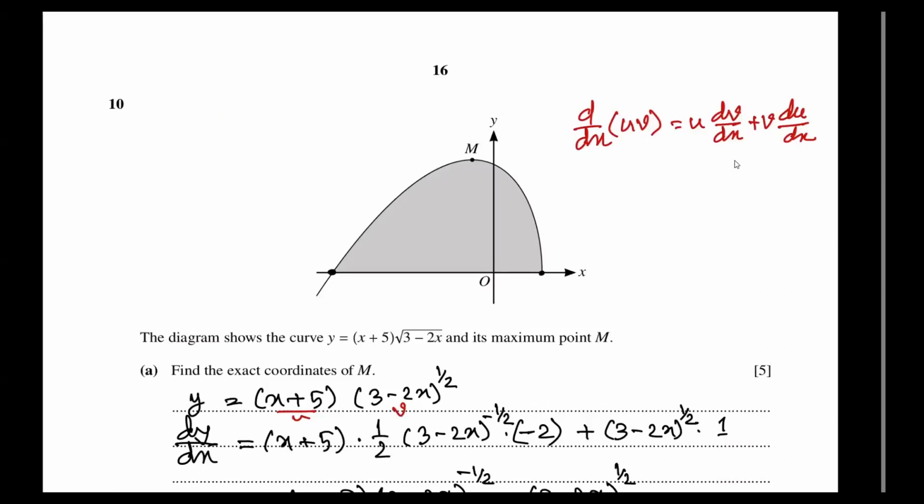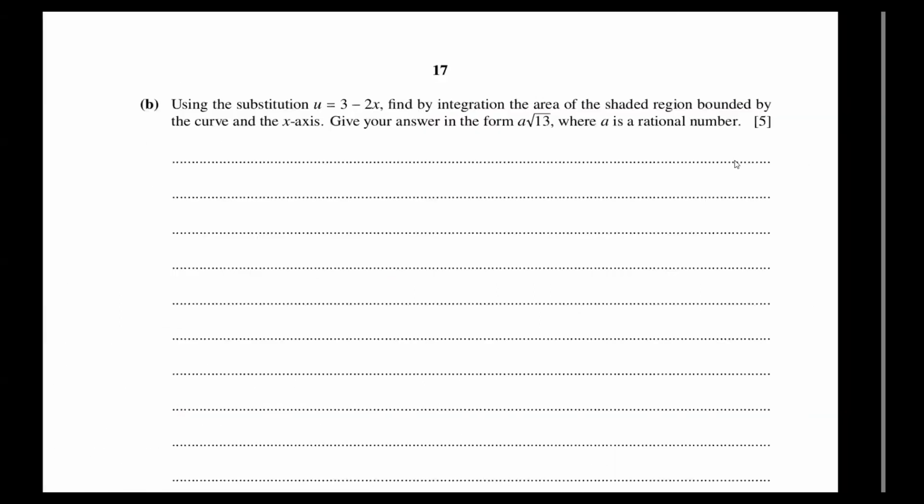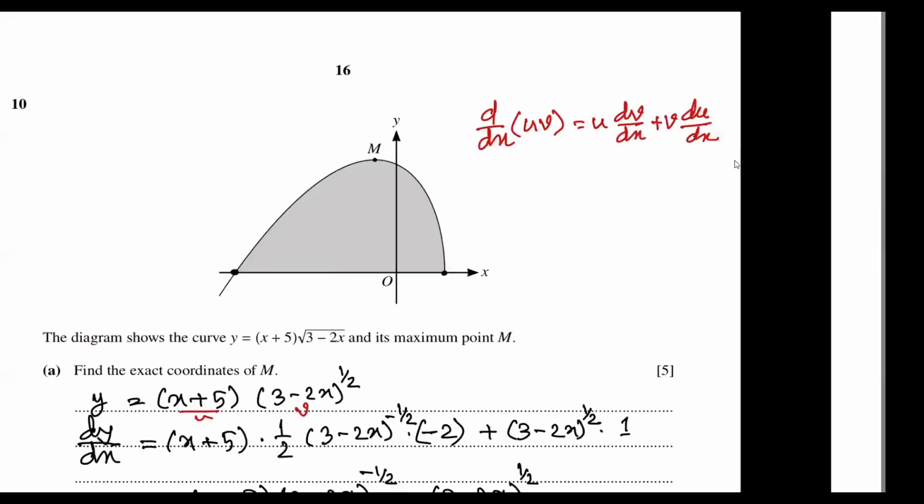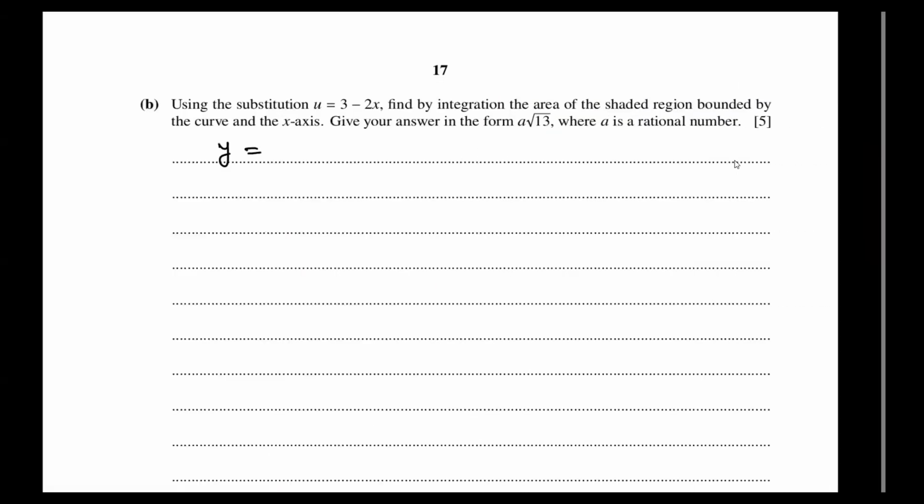So you need to find the x-intercept first. So y, which is x plus 5 times root of 3 minus 2x, equal to 0 gives x equal to minus 5 and 3 by 2.